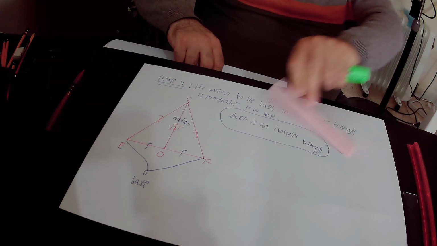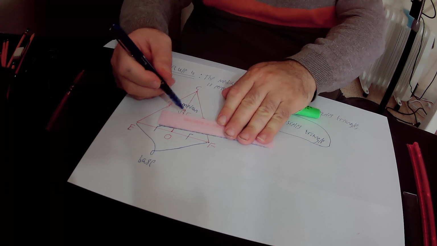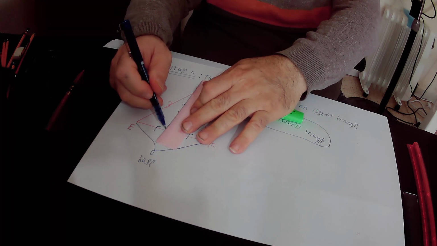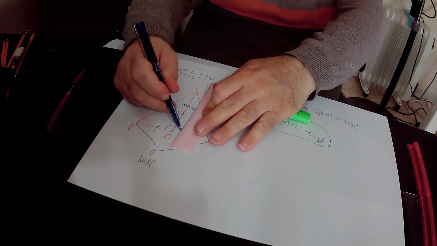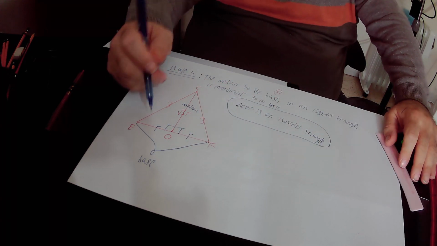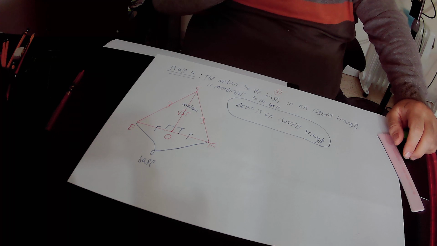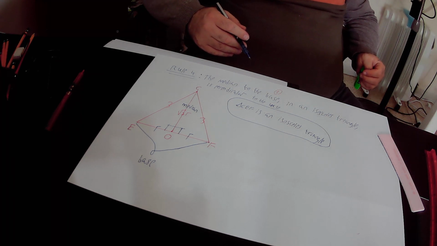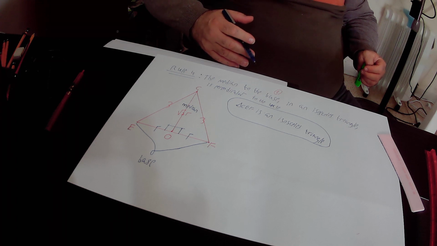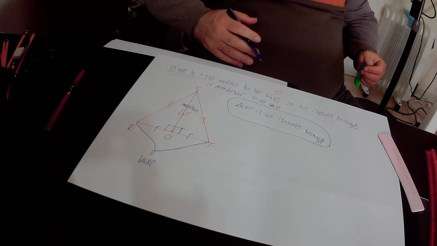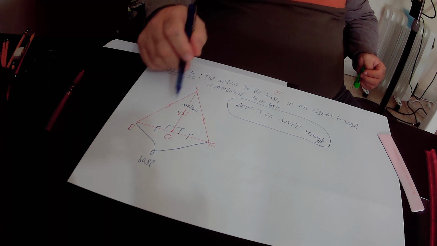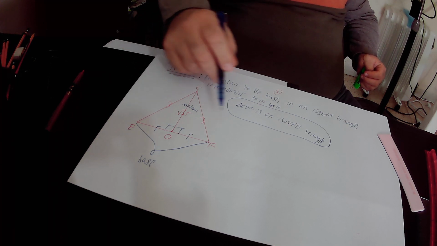That is to say, this angle will be equal to 90 degrees according to rule number 4. This angle will also equal 90 degrees. So actually, the median to the base in an isosceles triangle creates two right triangles here. The right triangle COE and the right triangle COF.